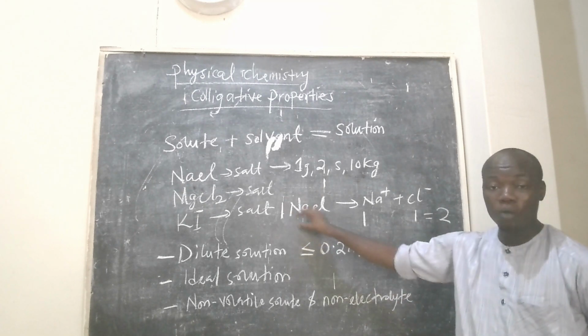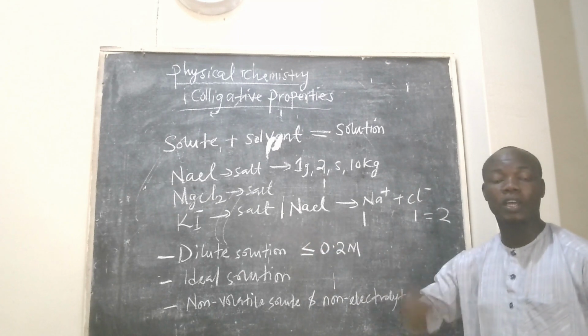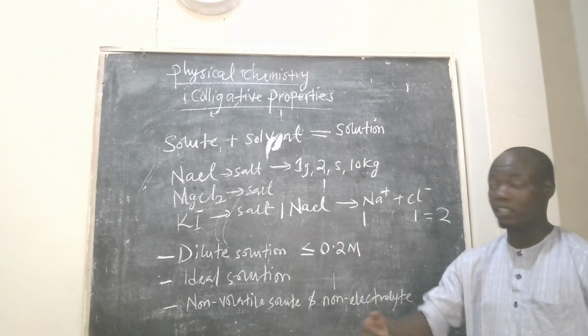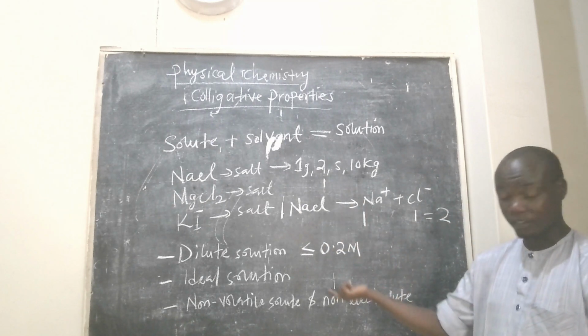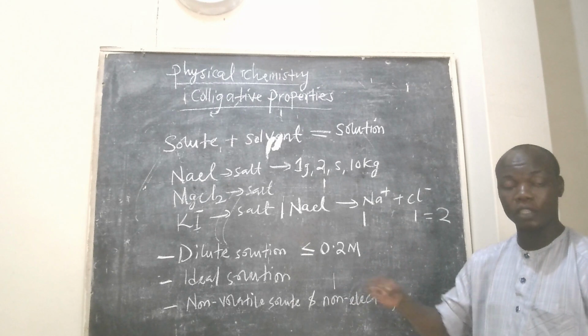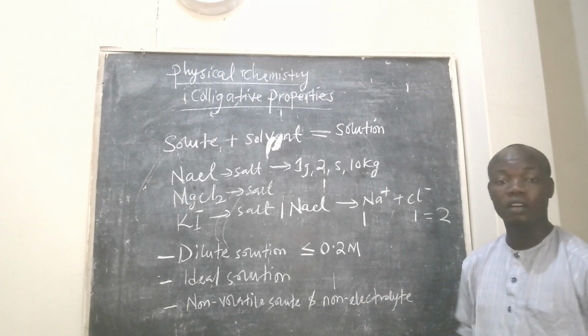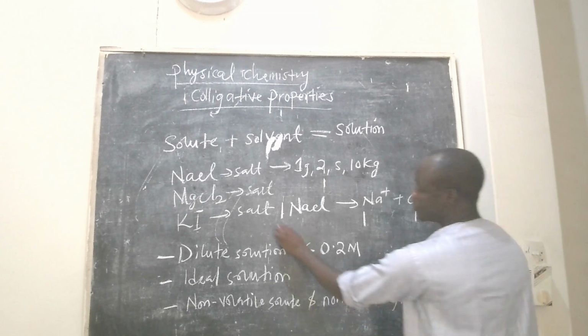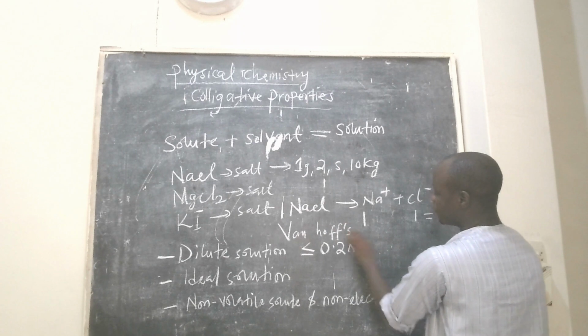So the number of solid particles here increases from 1 to 2. That is where colligative properties will be increased. And this kind of increase after you dissociate a particular solid is accounted for using what we call the Van't Hoff factor.